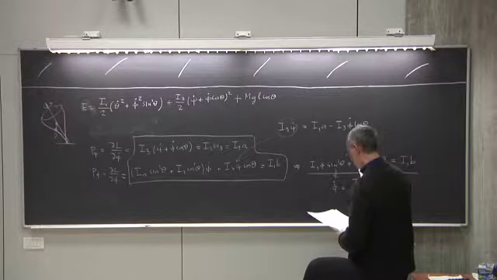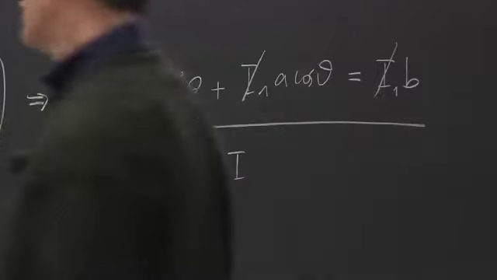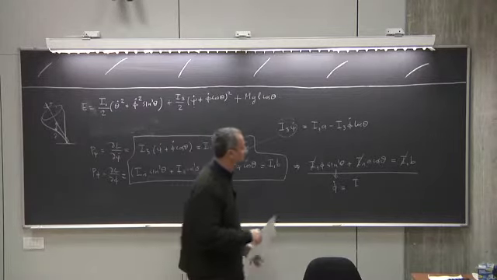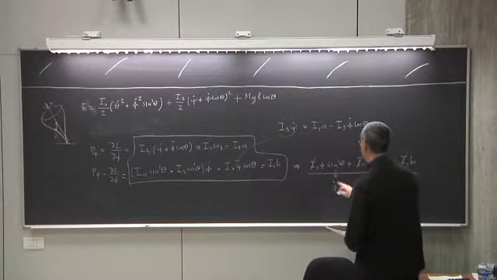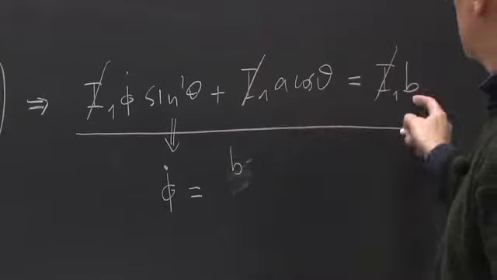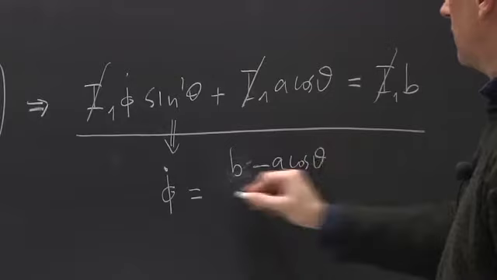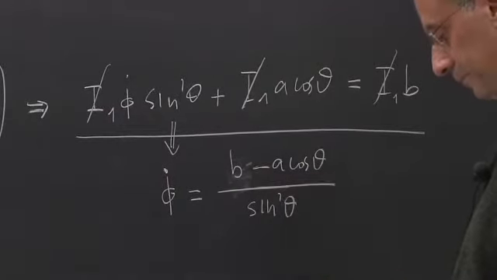You see, now you see also why I call these two constants, I factorize out the I sub 1 in these two constants, because now it comes handy because it drops out. So phi dot is simply b minus a cosine theta divided by sine square theta.